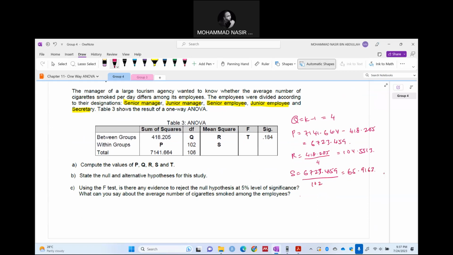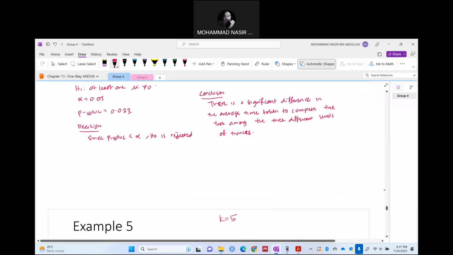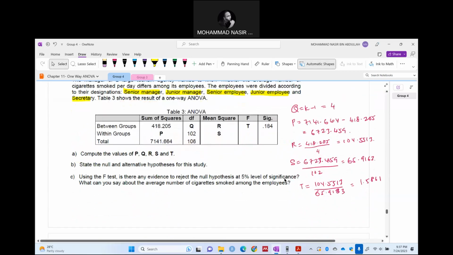And then we need to find the value of T, which is equal to R, 104.5513 divided by 65.9163. So this should be equal to 1.5861. Right. The next step is we need to state the null and alternative hypothesis.